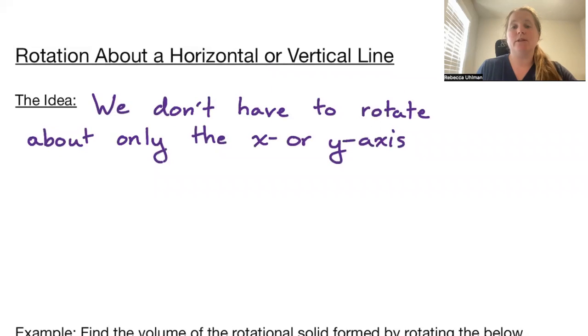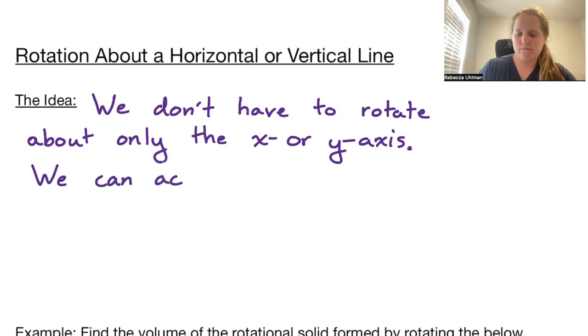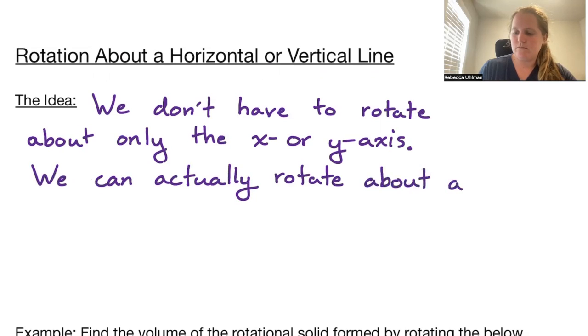We can actually rotate about any line. However, we will limit ourselves to horizontal and vertical lines.